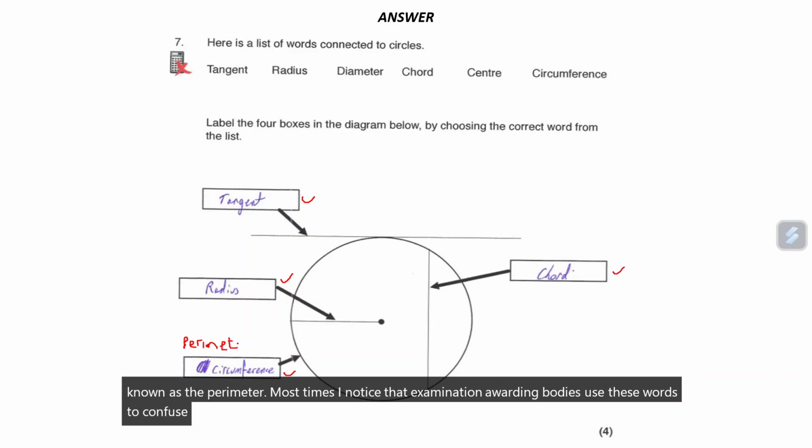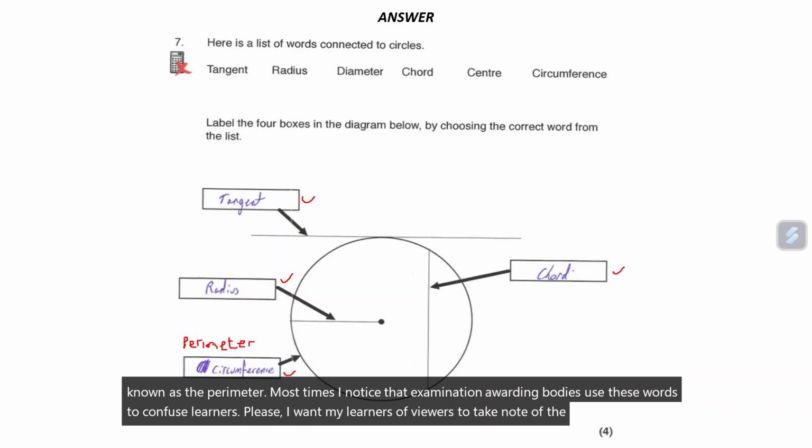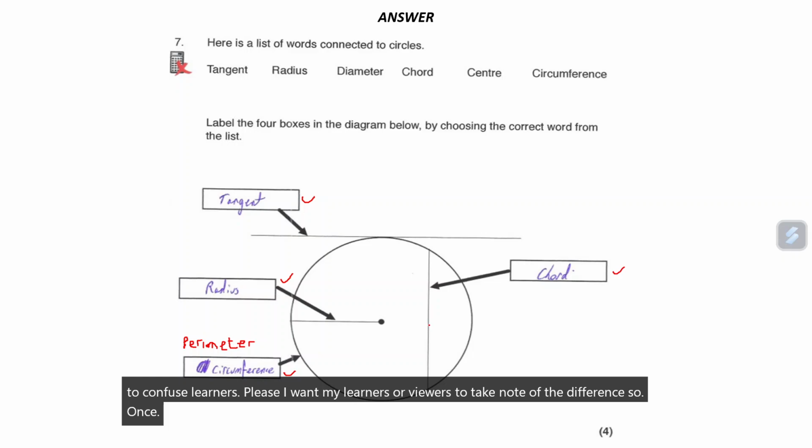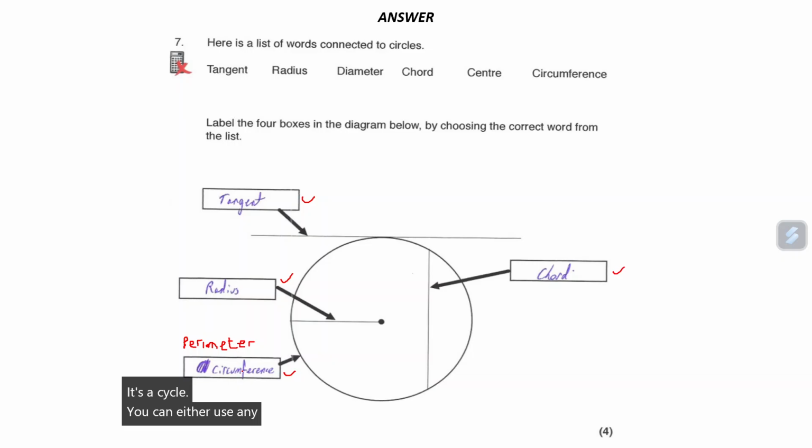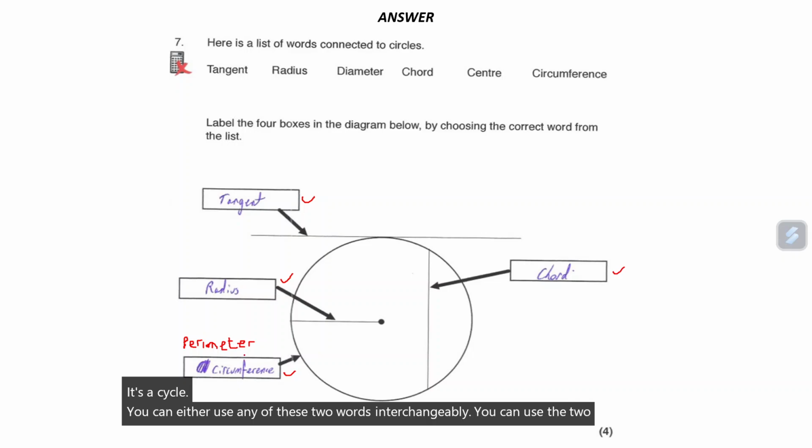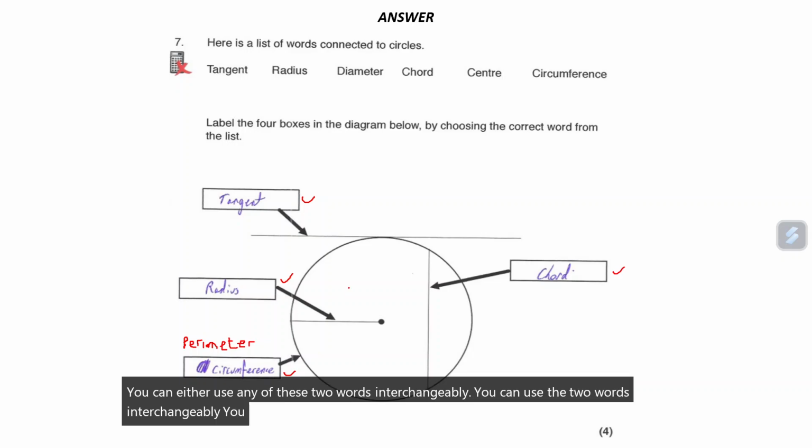Please, I want my learners or viewers to take note of the difference. So once it's a circle, you can use either of these two words interchangeably. You can say perimeter of a circle or circumference of a circle.